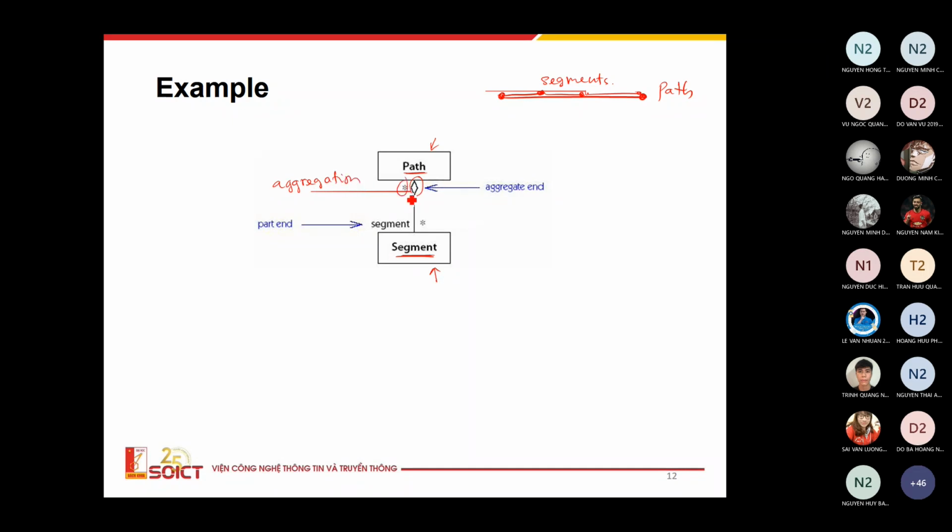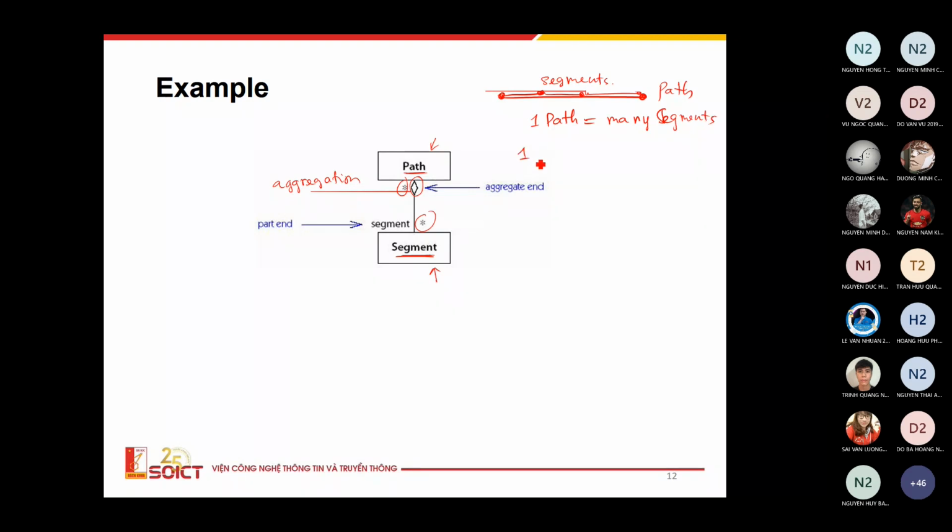Yeah. The multiplicity here is the asterisk. That means they can take part in some number of objects in this relationship. That means one part can make up many segments.